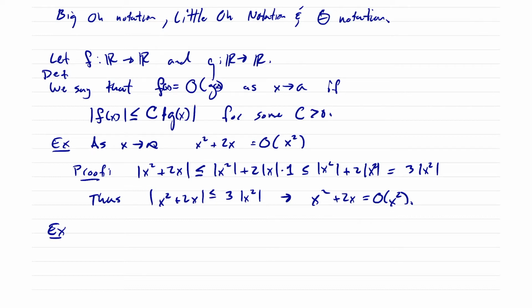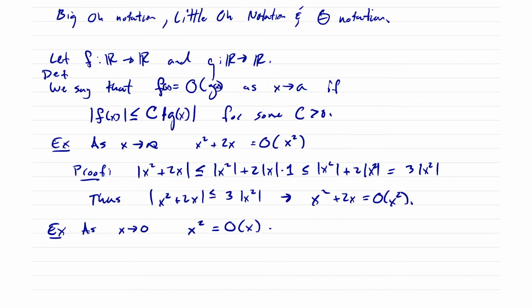That's not bad. As x goes to 0, we have that x squared is equal to big O of x. So, how do we prove this?